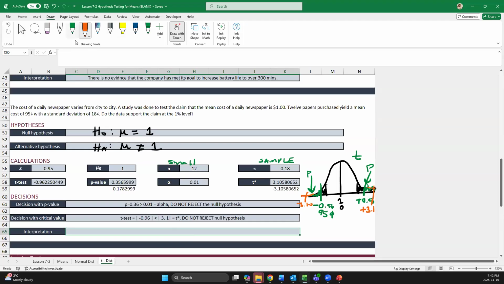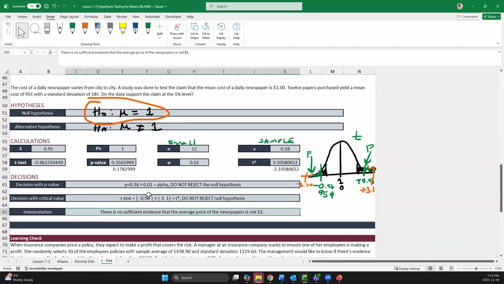Not rejecting means we stick with the null, which means that there's no evidence that the average price is not $1. So there's no evidence that you've proven the alternative of not equal to $1. We're sticking with the null, which means that the price is about $1.